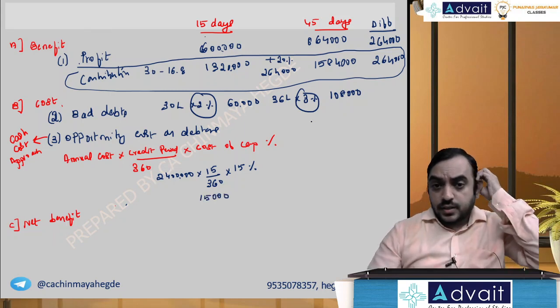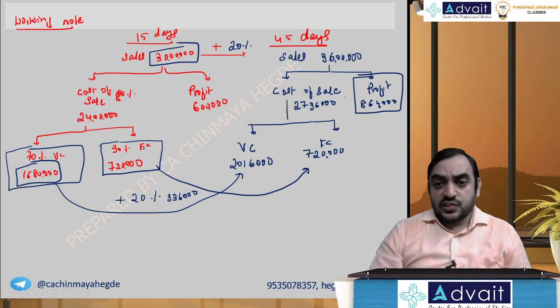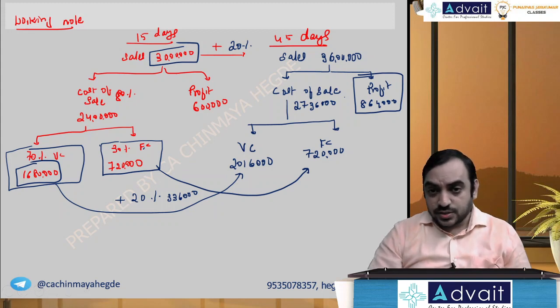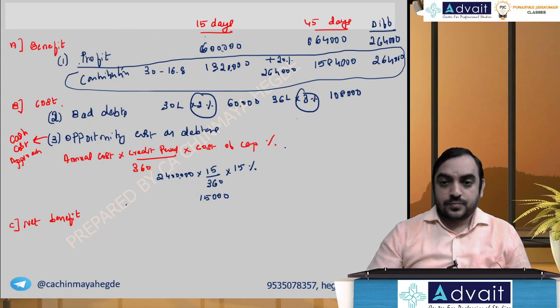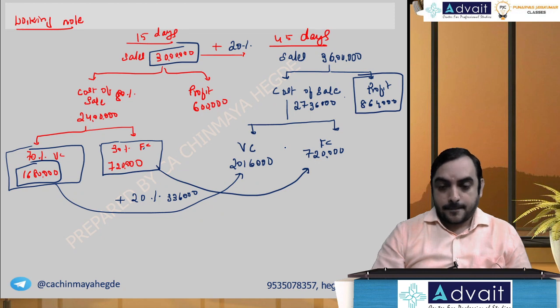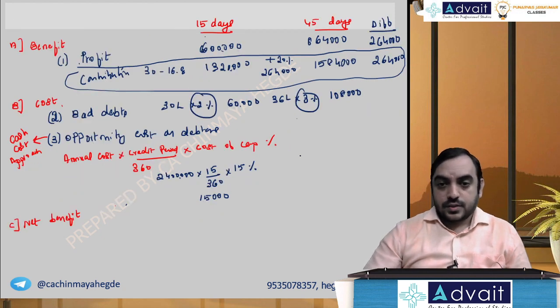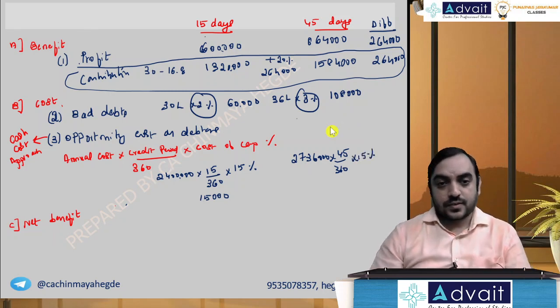Similarly here, annual cost is 27 lakh 36,000 into 45 by 360 into 15%, which is 51,300.